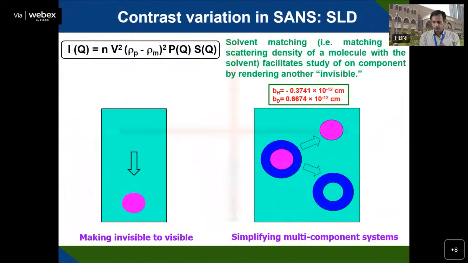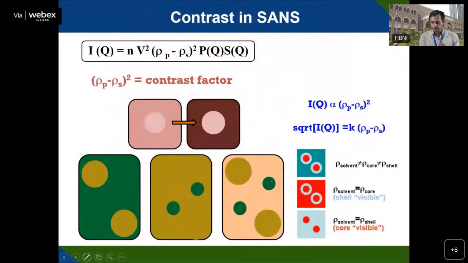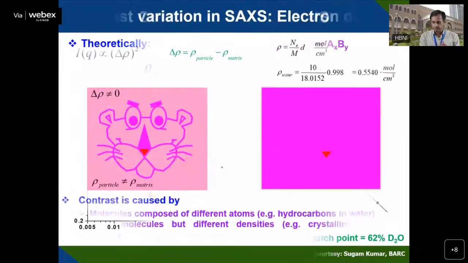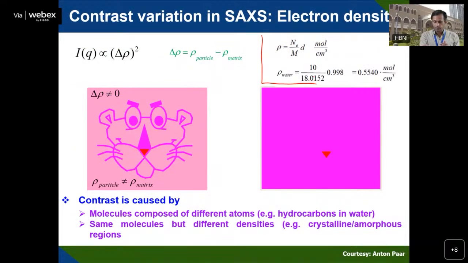In case of X-ray, this is expressed as rho particle minus rho matrix. The electron density is expressed as rho equal to Ne by m into D, where D is the density of the material and m is the number of electrons.